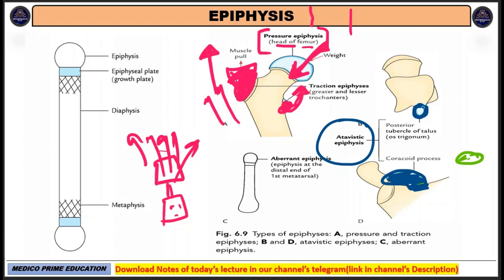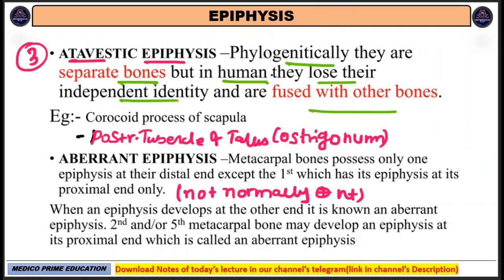phylogenetically, the bones, posterior tubercle of the talus, were initially different bones. Phylogenetically, ये अलग थलग था, ठीक है ना?